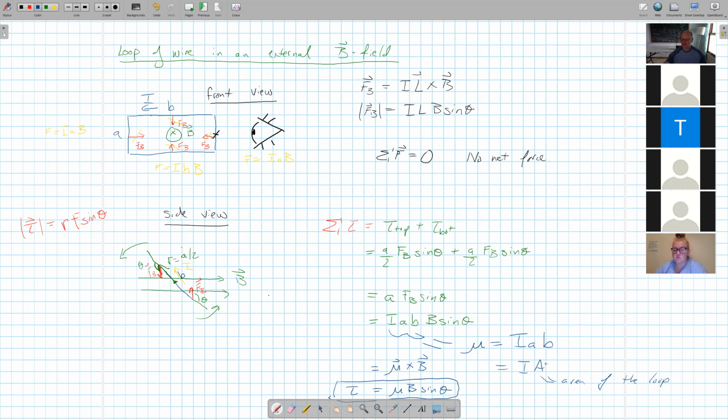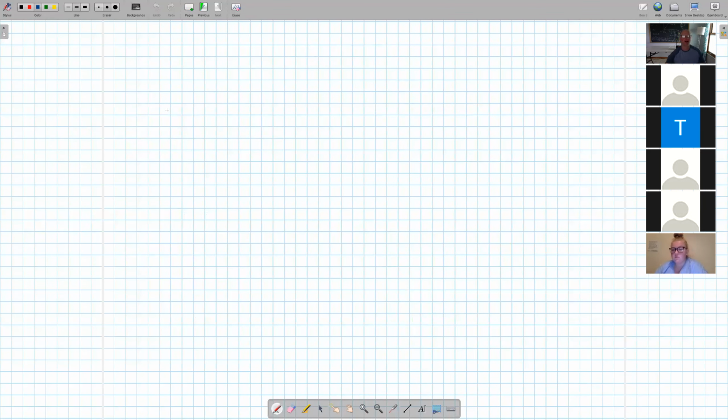Now, question is, what direction does mu point? And that's a question of what direction A points, which brings us to our next right-hand rule, which is known as right-hand rule number 3. So right-hand rule number 3 says that what? Step number 1, curl fingers in direction of the current.